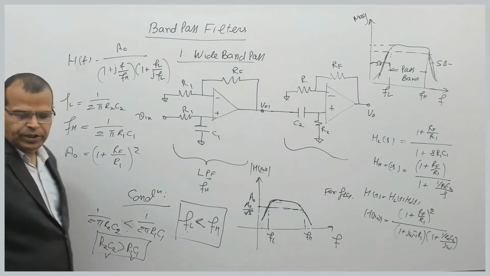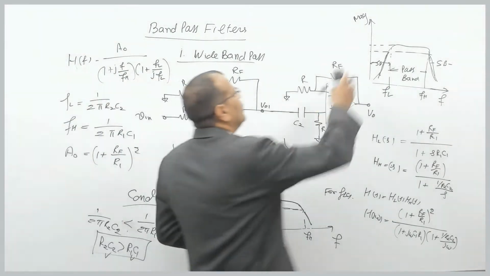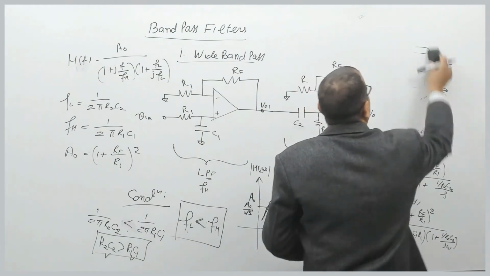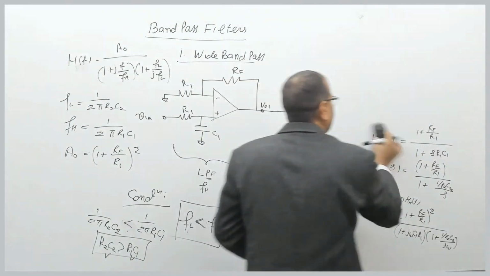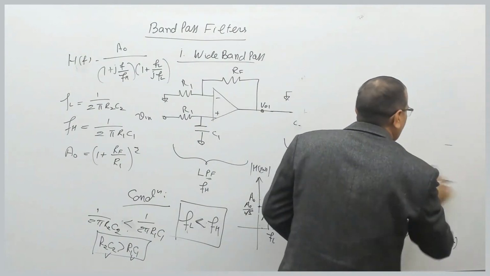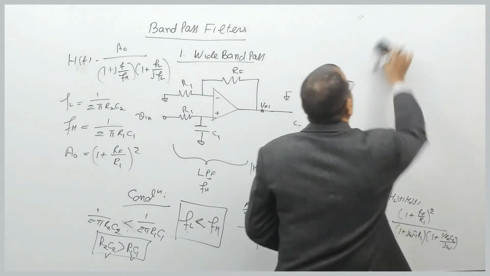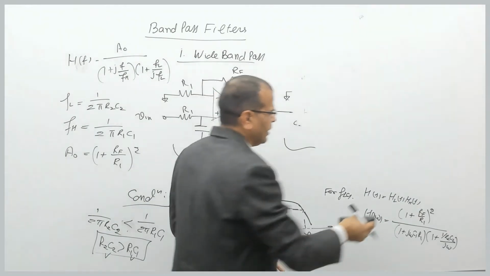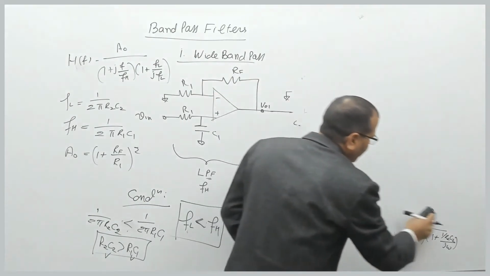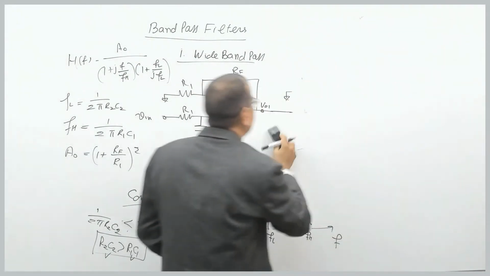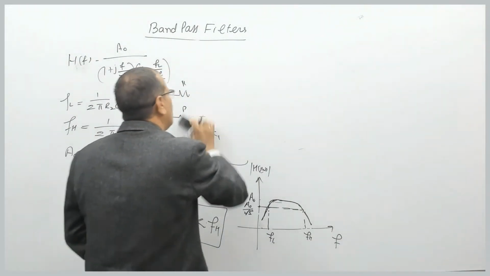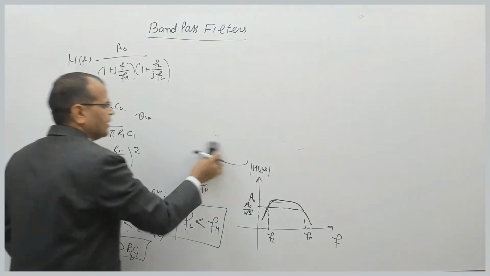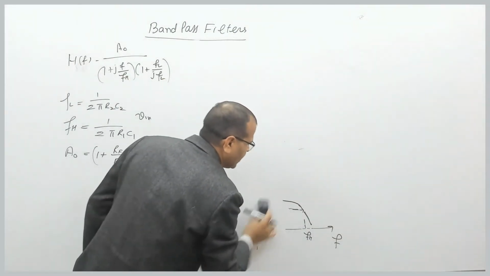Now you can also draw the pole zero diagram for a band pass filter. For the pole zero diagram of the band pass filter, see the transfer function carefully. In the transfer function of the band pass filter, we have two factors of S in the denominator.